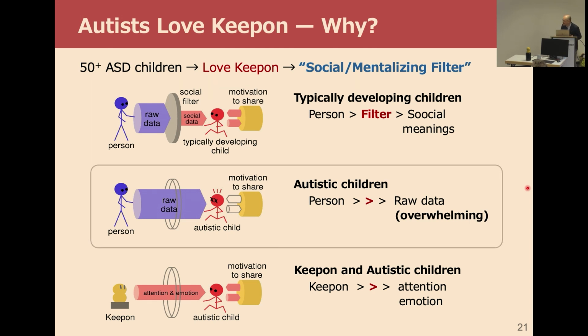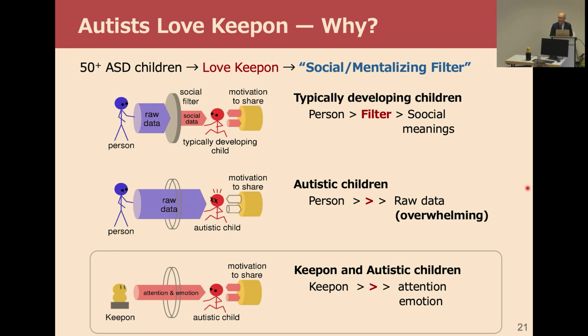But in the autistic child in the middle, we assume that this social filter is not working properly. The raw data coming from that person, the blue person, will flood into the autistic child and overwhelm the child. But in the case of the Keepon, it was carefully designed to be simple.